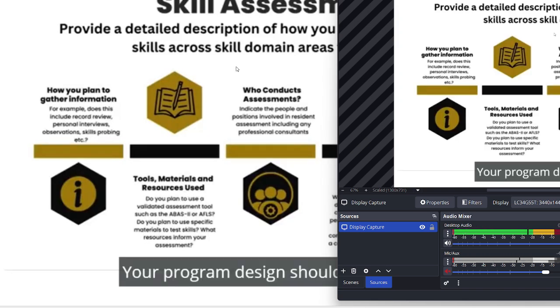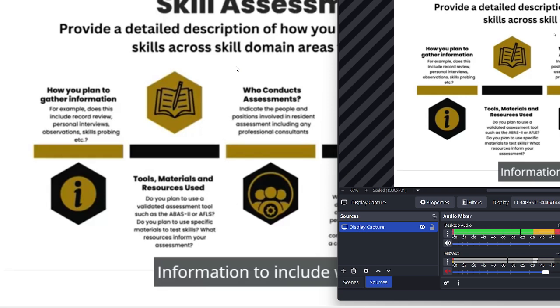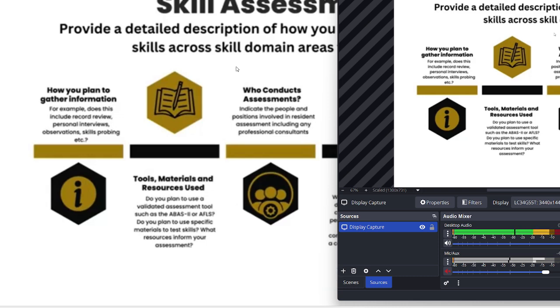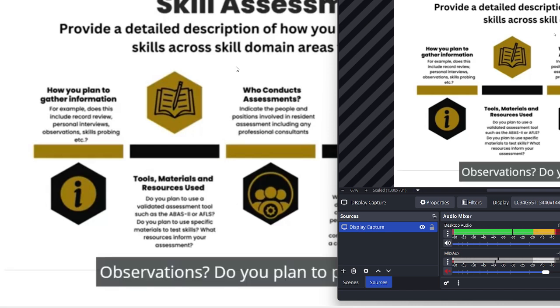Your program design should include a detailed description of how you plan to assess resident skills across skill domain areas. Information to include would be how you plan to gather the information. Do you plan to do record reviews, personal reviews, or interviews? Observations?